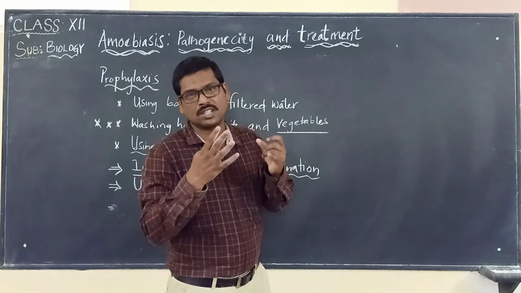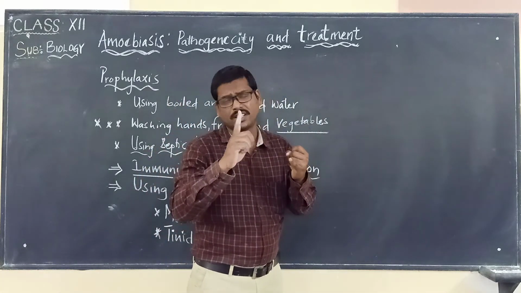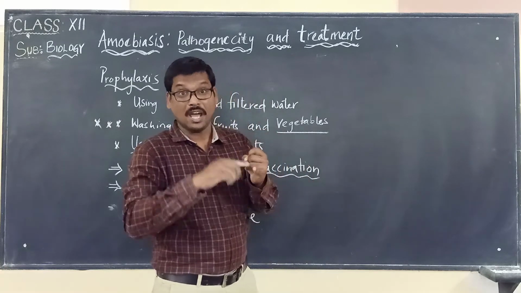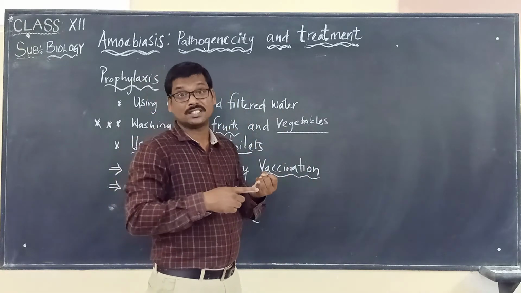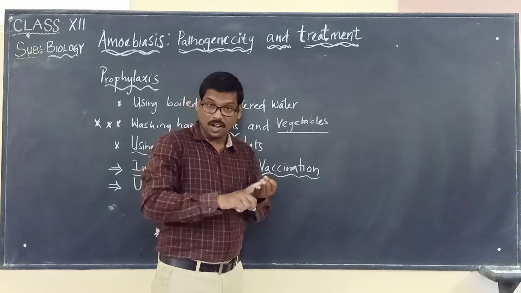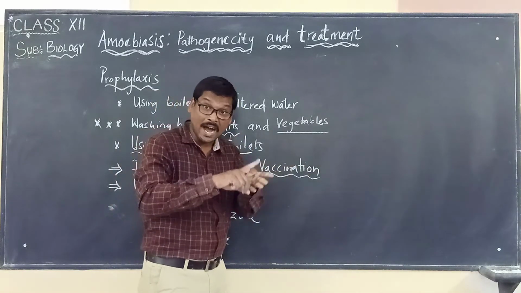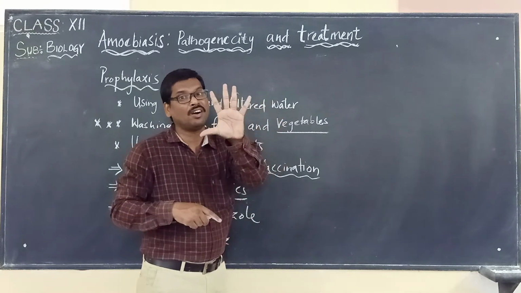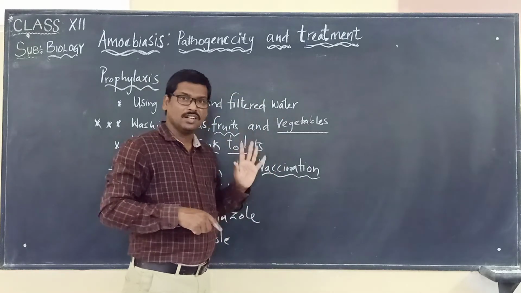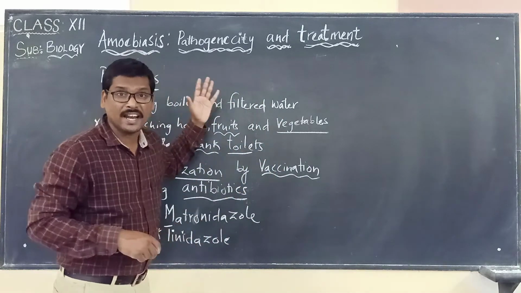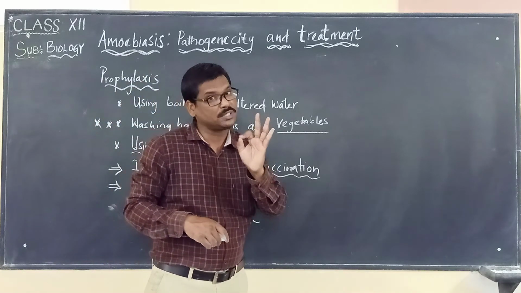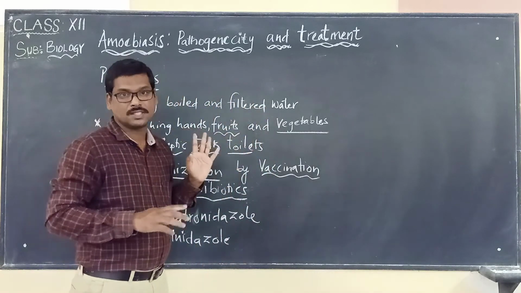The primary organ that is being attacked is the liver. Apart from the liver, there are also other organs like the lungs. The kidneys can be damaged. Then also the heart can be damaged, and even the brain can be damaged. In all these cases, Entamoeba histolytica is causing abscesses, pus formation.